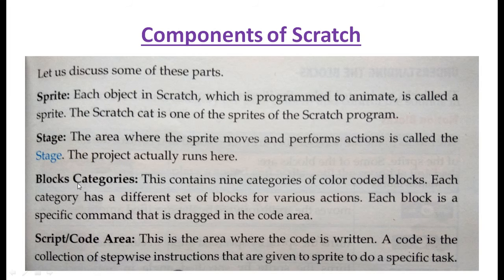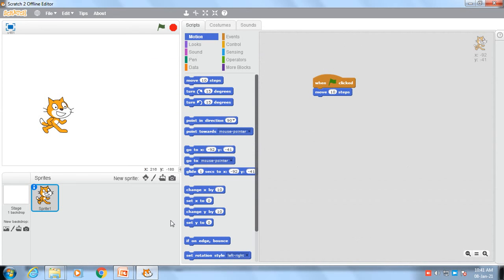Next is block categories. These contain 9 categories of color coded blocks. Each category has a different set of blocks for various actions. Each block is a specific command that is dragged into the code area. These are the block categories.